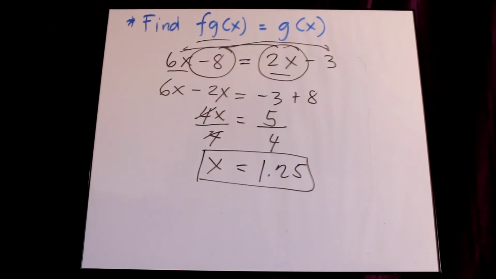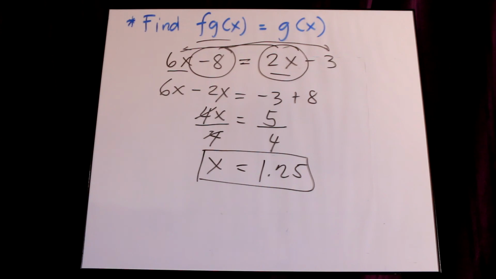So let's see if our answer is correct. If we multiply 1.25 times 2 minus 3, we're going to get negative 0.5.